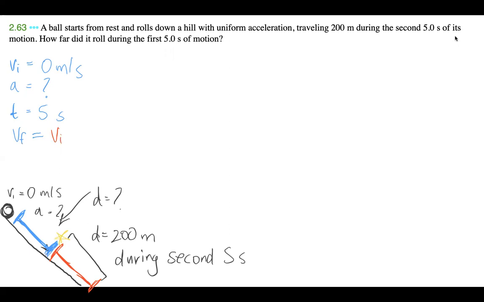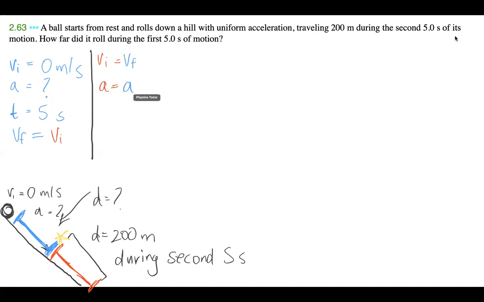And what about red? What do we know about the red portion? For the red, we know that our Vi is equal to blue Vf, where the yellow star is. We know that at this point, the speeds are the same. We know that our acceleration is the same as the acceleration for blue.